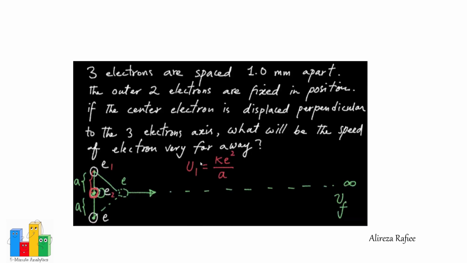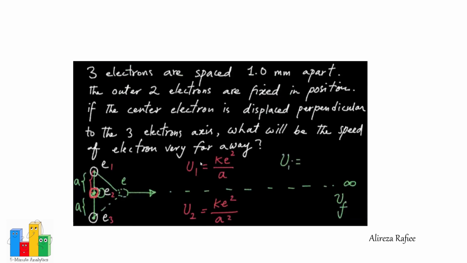There's also energy stored between the second electron and the third electron, which is technically the same because we put them at exactly the same distance. This is the total amount of potential energy that the system has.